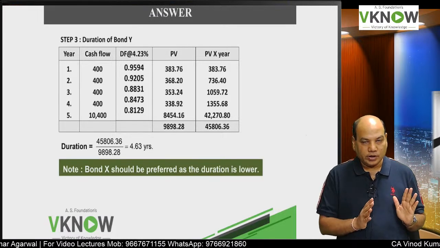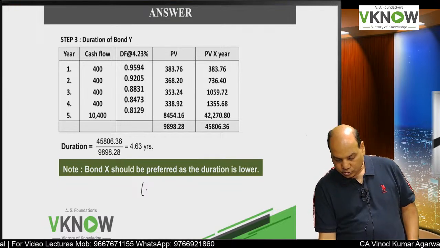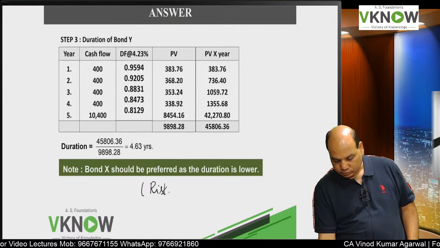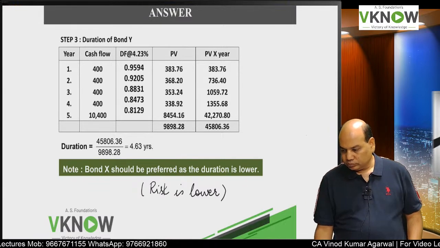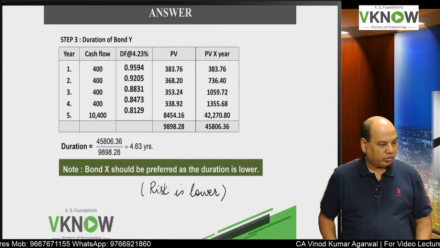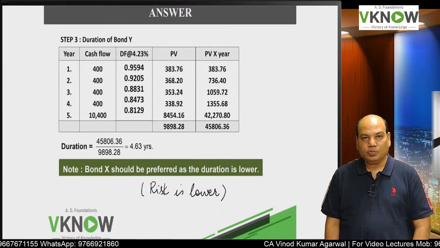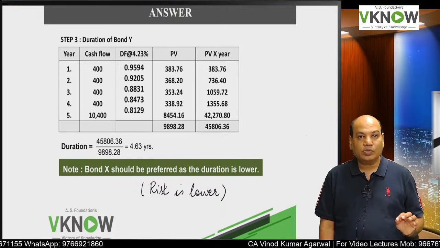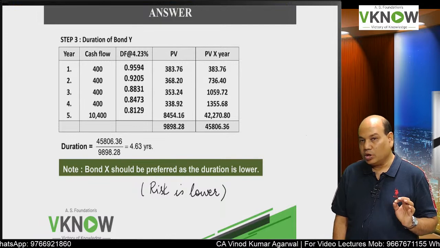You will prefer bond X because duration is lower. So, risk is lower. YTM is same, means if you purchase the bond, you will get same rate of return, but risk is lower. So bond X will be preferred.